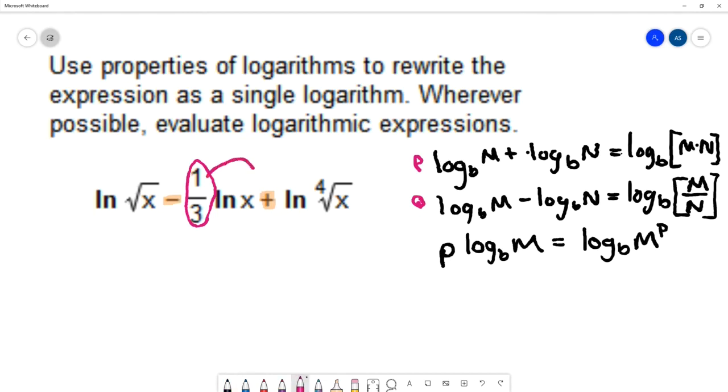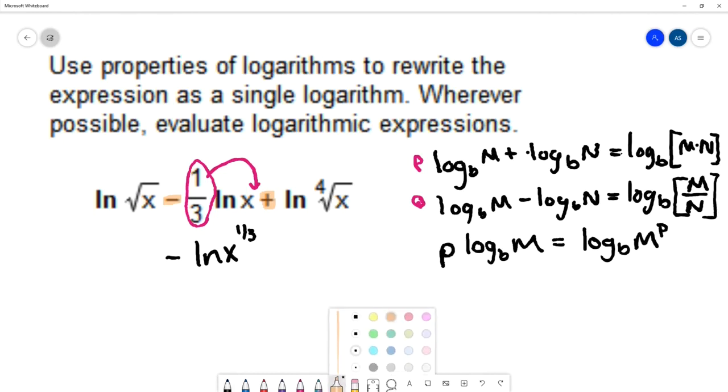We'll move that coefficient to the power, and we have minus natural log of x to the 1/3. I want to make the first and the last terms look a little bit more like the middle term. You'll notice we have that fractional power.